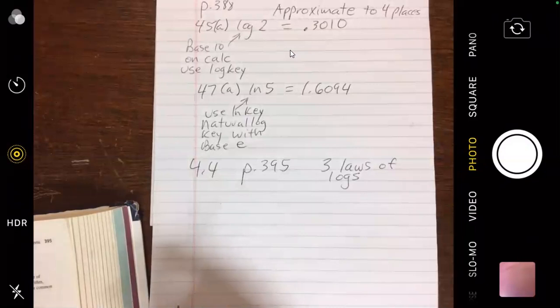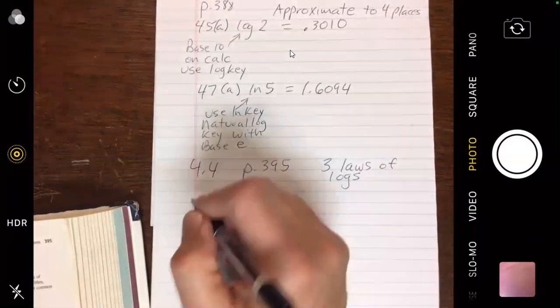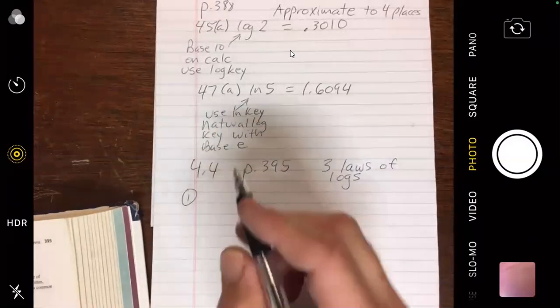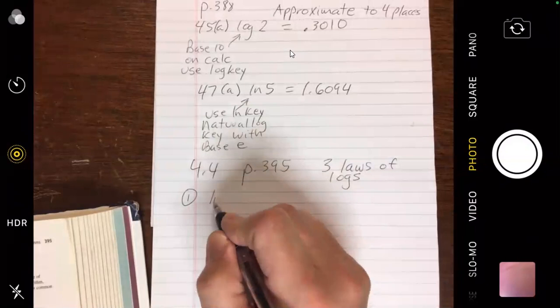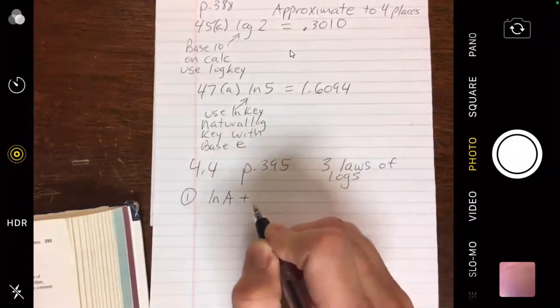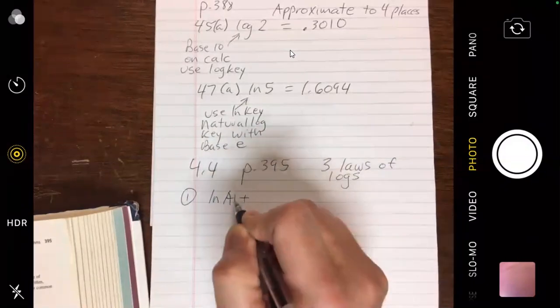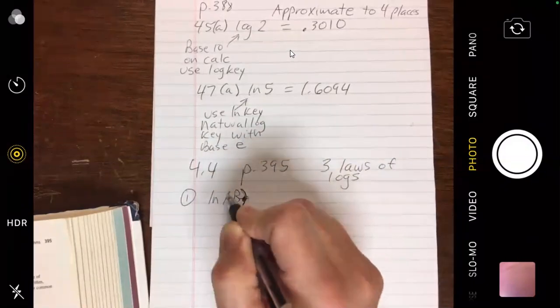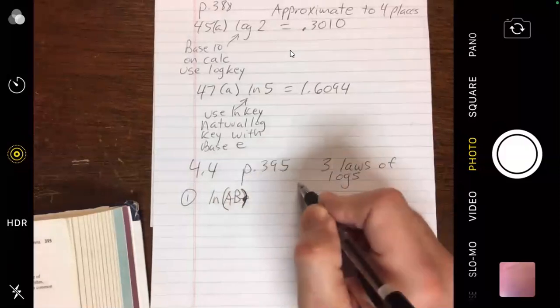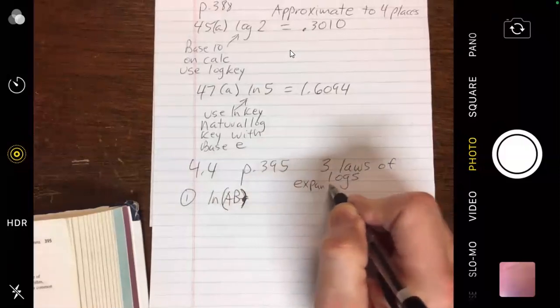Number 1, say, if you take ln of an A and you add, well, they usually present it going forward. If you multiply by a B, so an ln of a product, this is called expanding it. ln of the first plus the ln of the second.